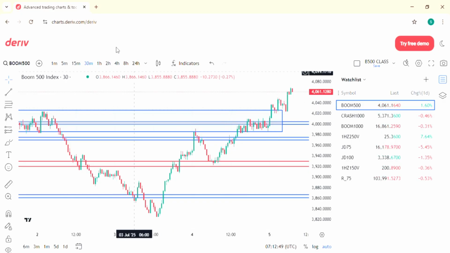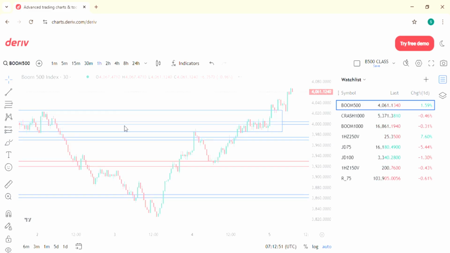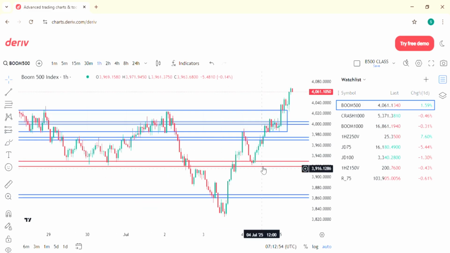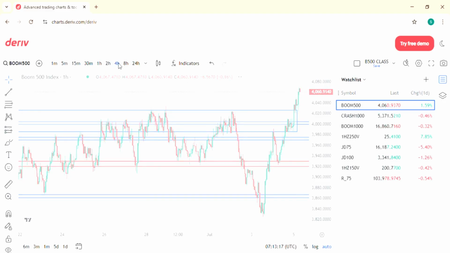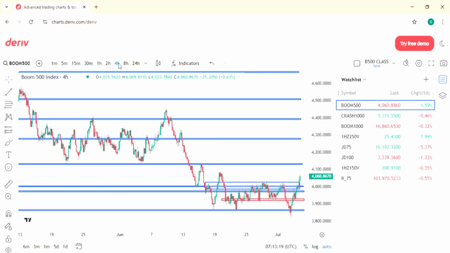So this is 1 hour time frame. Now that it has retested this mid zone, then goes ahead to break this next resistance zone, it will continue to go up. You should understand that there is a zone in front of it, the 4 hours zone, which is this particular zone.